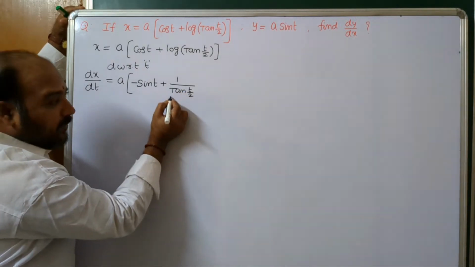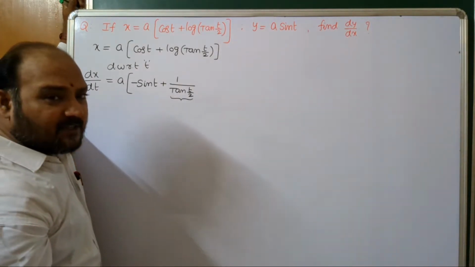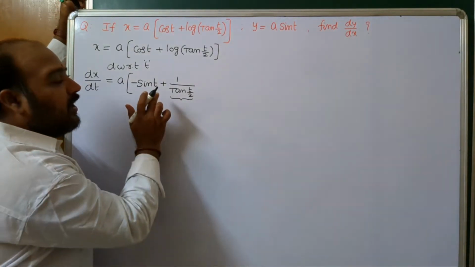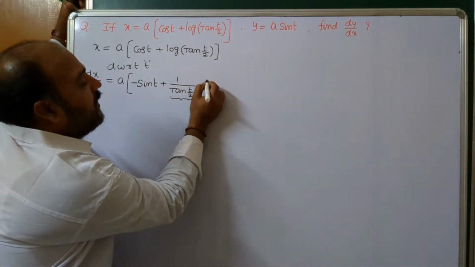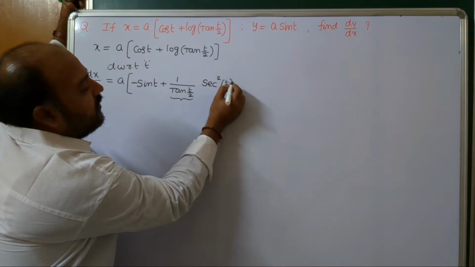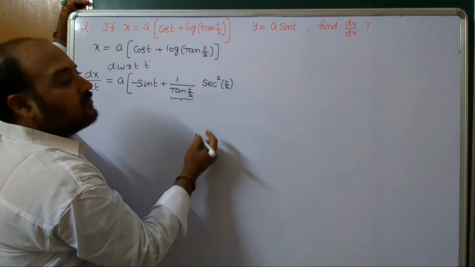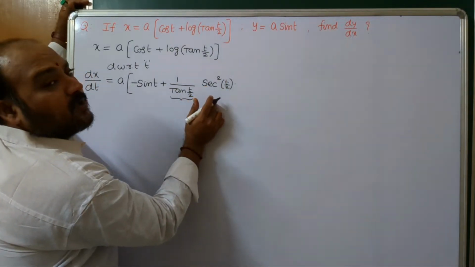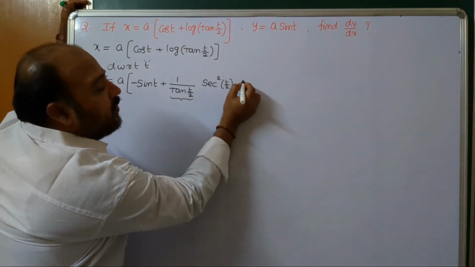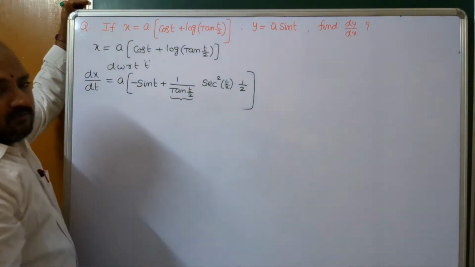Again tan t by 2 also we have to differentiate. d by dx of tan x is what? Secant square x. d by dt of tan t by 2 is secant square t by 2. Again t by 2 also differentiate. So 1 by 2 we can take outside. d by dt of t is 1.